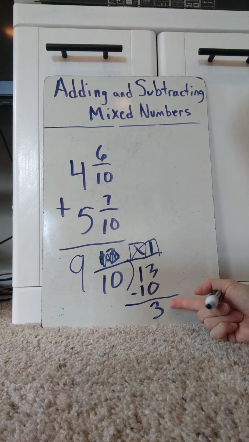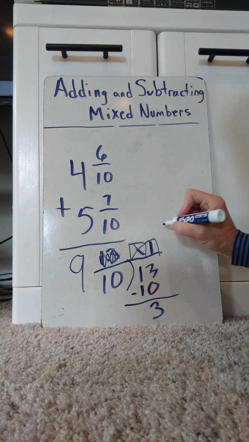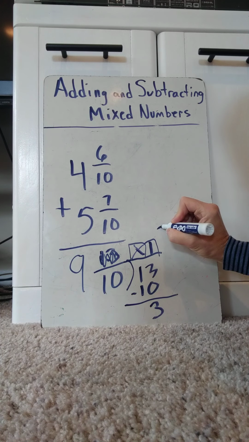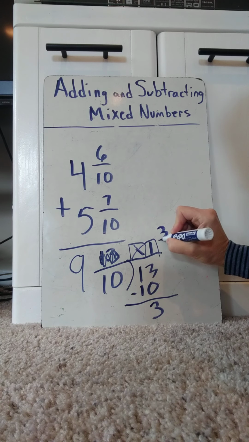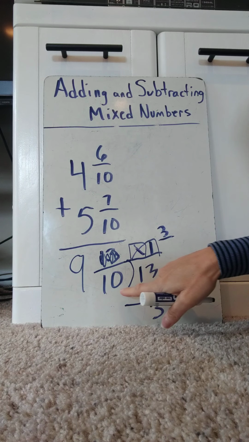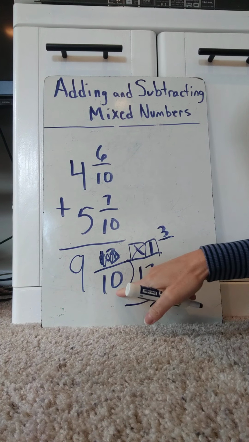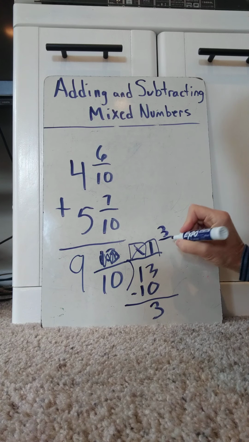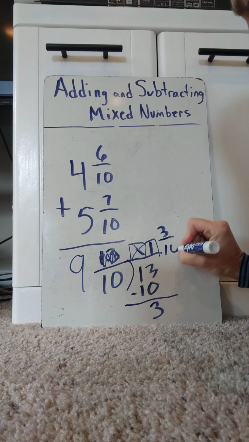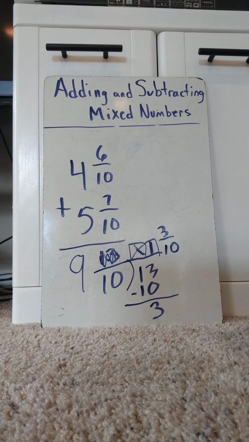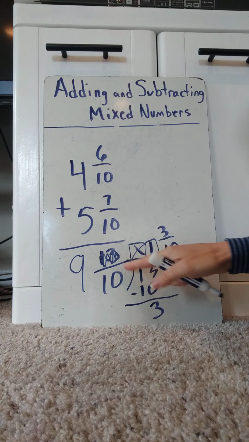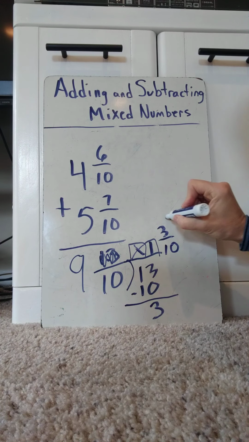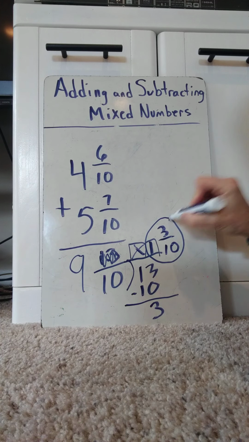Well, that becomes our numerator in our fraction. So we're going to write that here. And then we always stay in tenths. The denominator stays the same. So I'm going to write that. So I just changed 13/10 to 1 and 3/10.